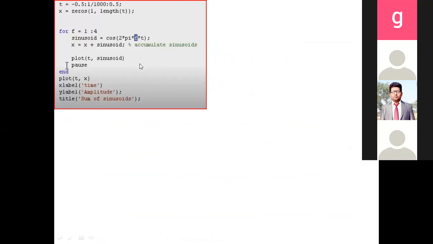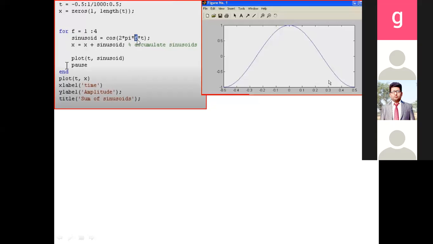This is a small program to create a sinusoid signal with varying frequencies. You can see here cos of 2 pi ft. Suppose I substitute f equals 5. When f equals 1, I get one sinusoid.